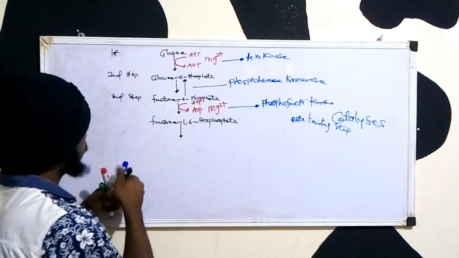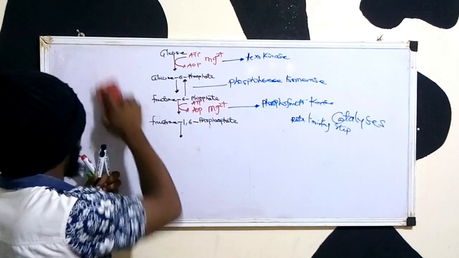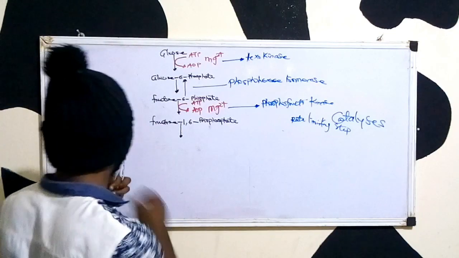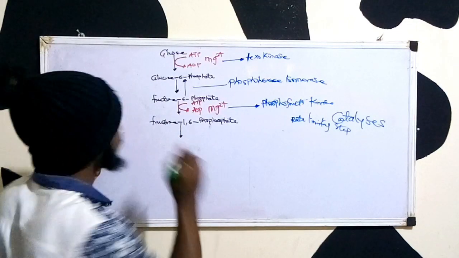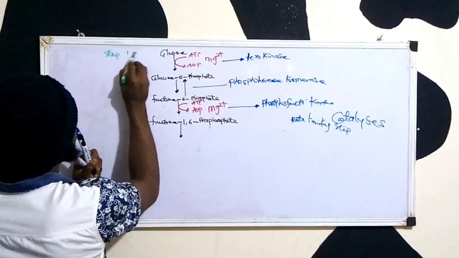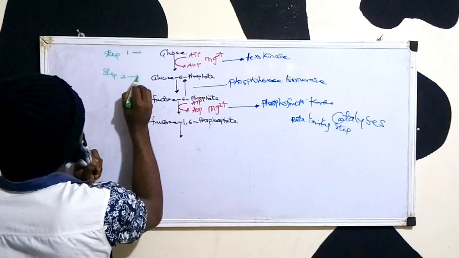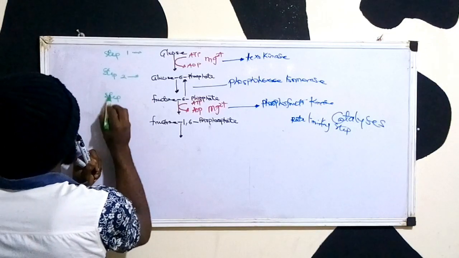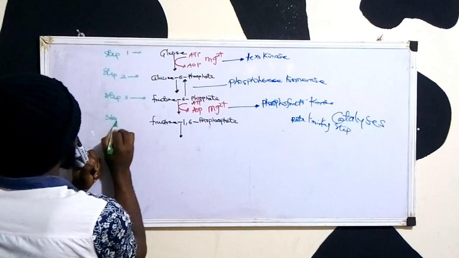Let me make it easier for visual purposes, so it will be easy for you to relate. That's why I come with different colors. Step 1, step 2, step 3, then this is step 4.